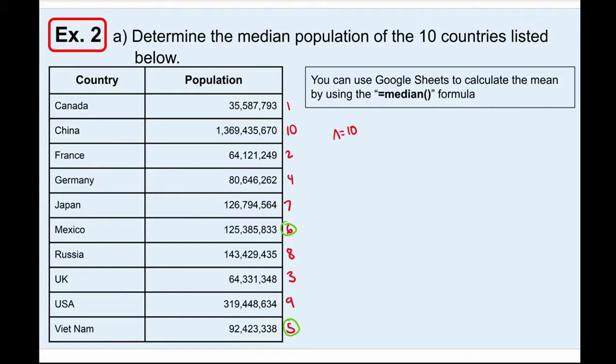So 92,423,338 plus 125,385,833 divided by 2. Give me 1 second to calculate it.